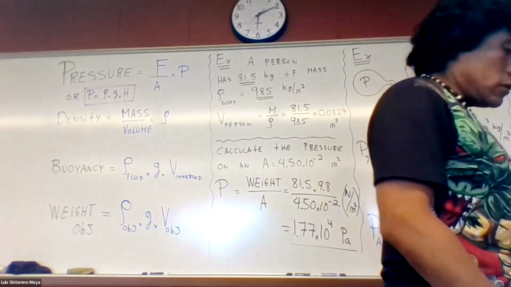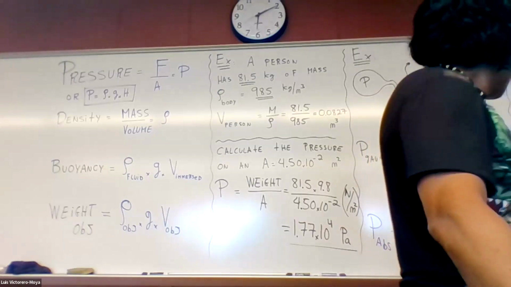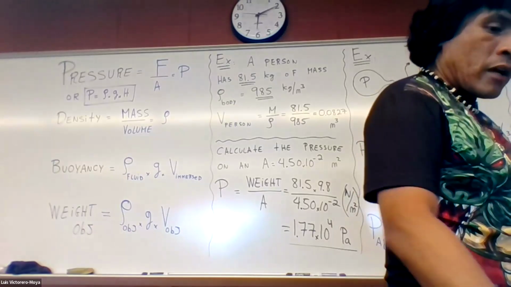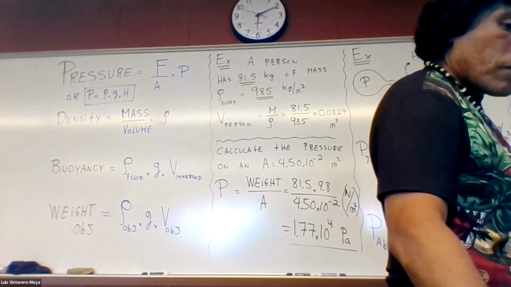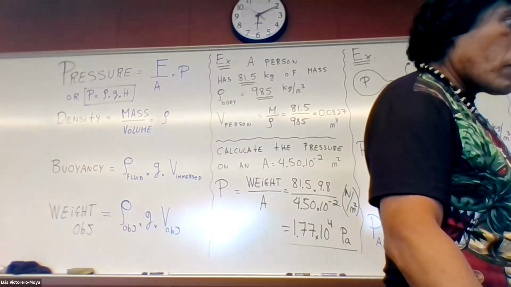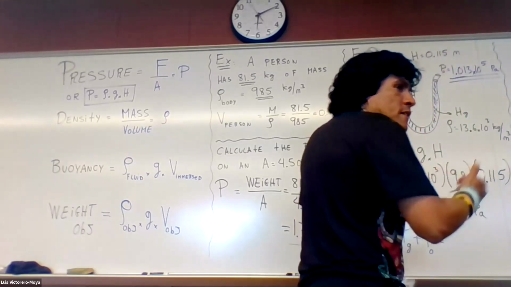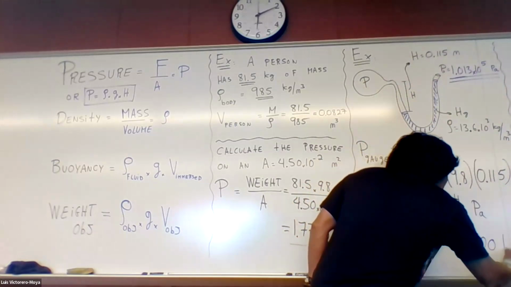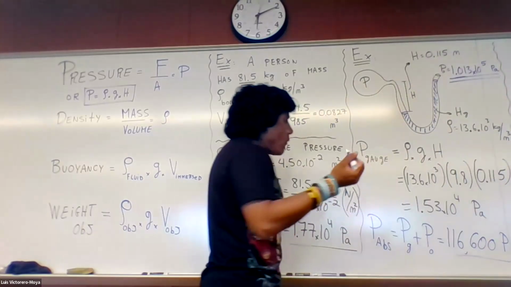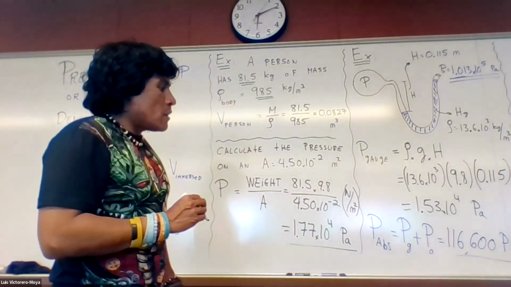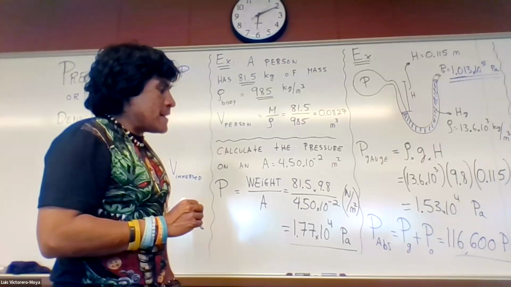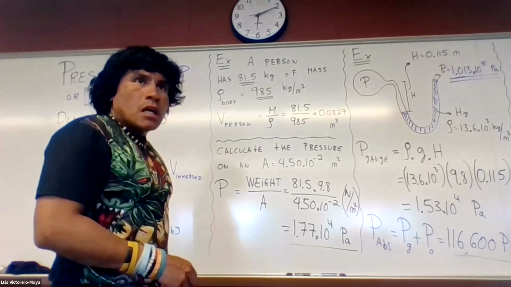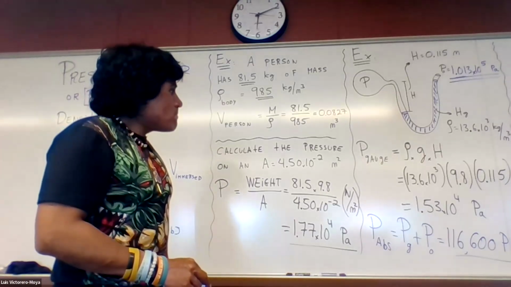So 116,600 pascals, about 1.16 or 1.17 times 10 to the 5 pascals. So there you have it. That's pressure and density.